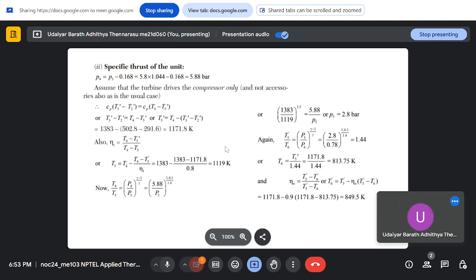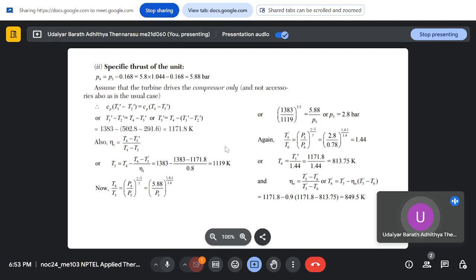I know P3: the pressure ratio across the compressor is 5.8, and I have found out the exit of the diffuser conditions, so pressure was 1.044 there. So that into pressure ratio will give me the pressure at the exit of the compressor. So 5.8 into 1.044. So that is the exit pressure of the compressor, or the inlet pressure to the combustion chamber, minus the pressure drop 0.168 gives me 5.88 bar. So that is the pressure at the turbine.